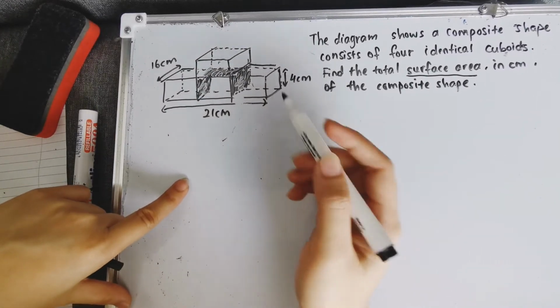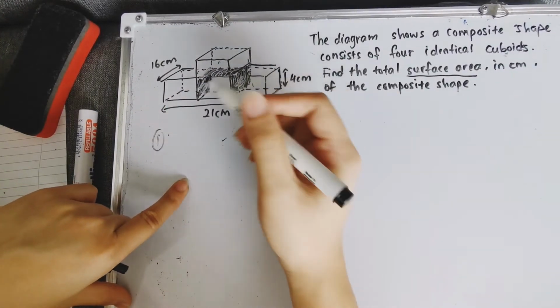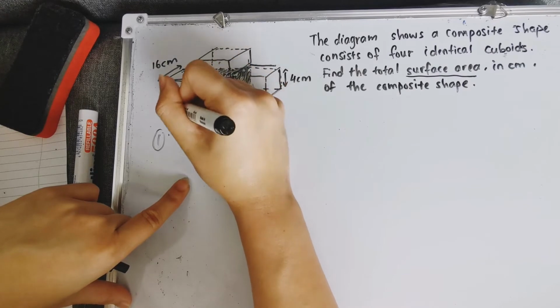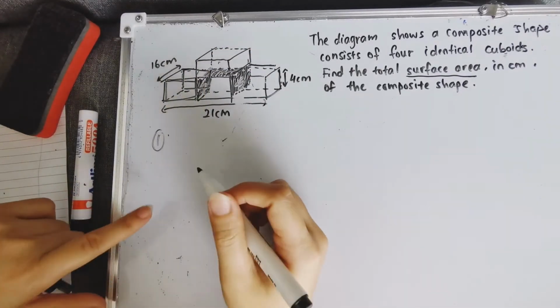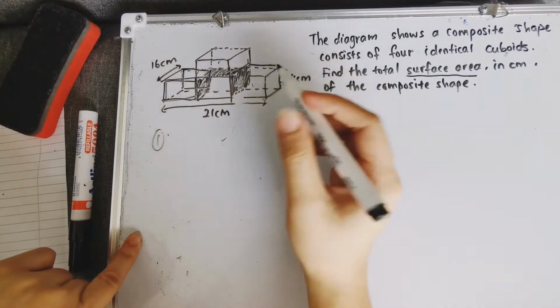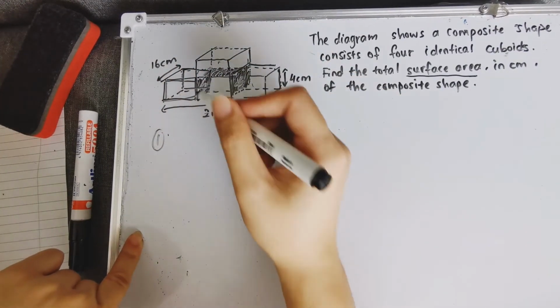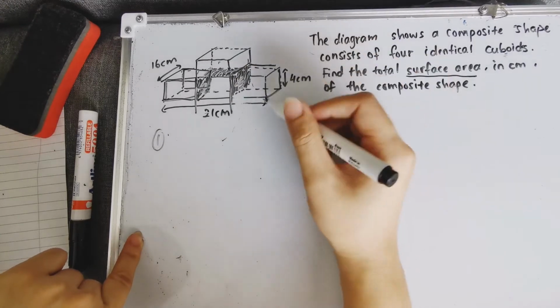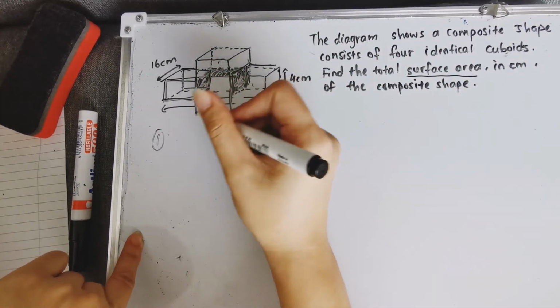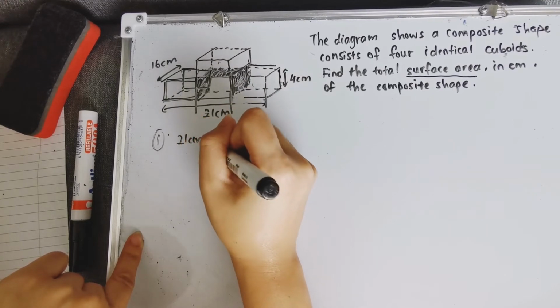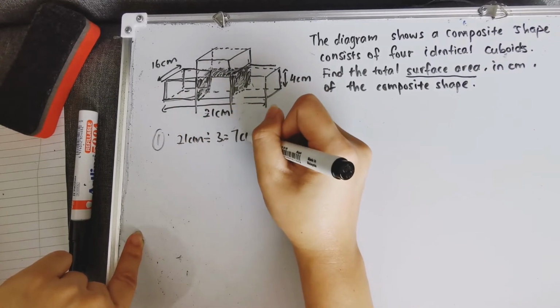Okay, so the first thing we have to do is calculate the front and the back. So the front, this is 21 cm. So we have 3 cuboids. So 21 cm divided by 3, which is 7 cm.